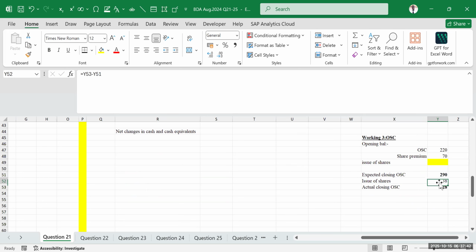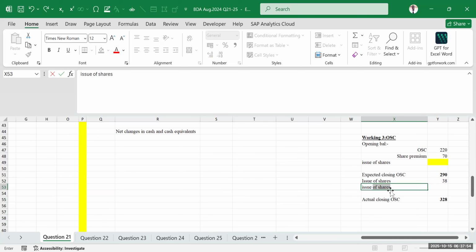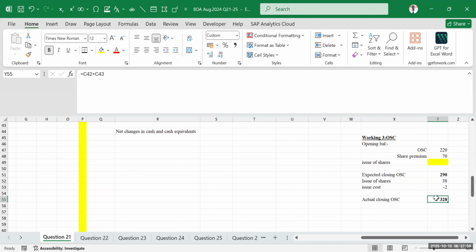Because if you receive a total of 38 million and you incur issue cost of 2 million, you realize 38, but the cost of getting that 38 is 2 million. Meaning the amount that you will eventually realize will come down to 36 million.